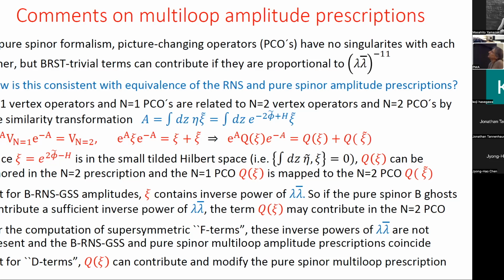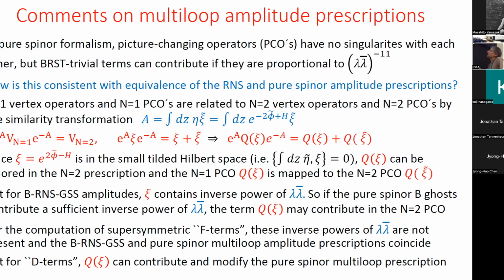It turns out this capital A takes you from the N equals 1 vertex operator to the N equals 2 vertex operator, but it takes the N equals 1 xi ghost into xi plus xi tilde. So when you do the similarity transformation, it doesn't take the N equals 1 picture changing operator into the N equals 2 picture changing operator.